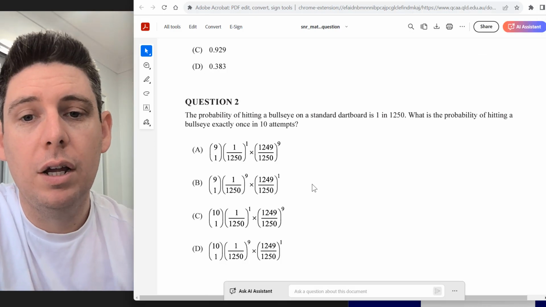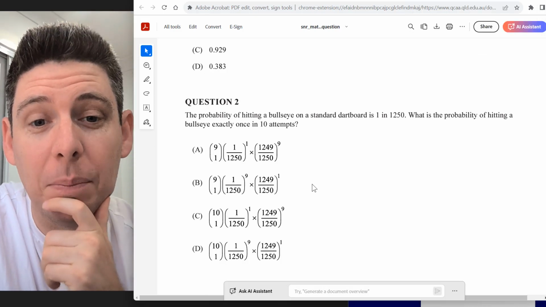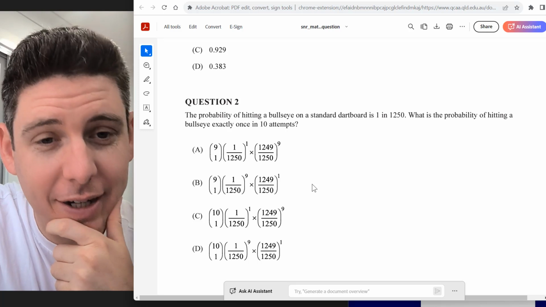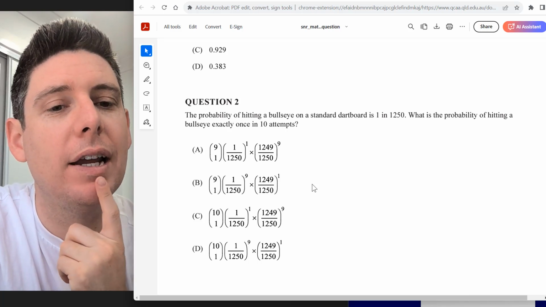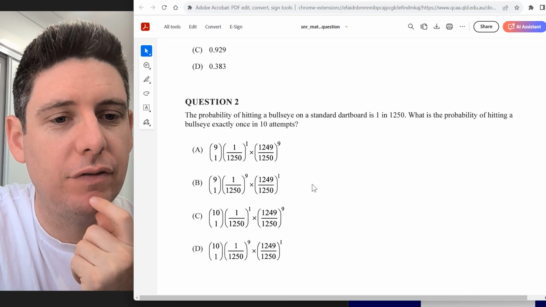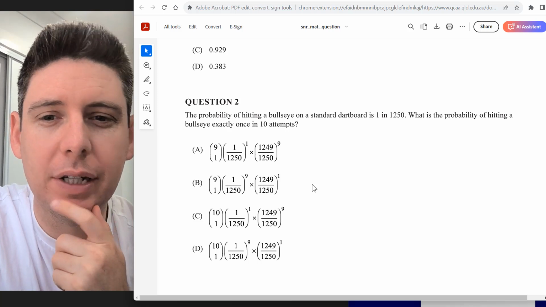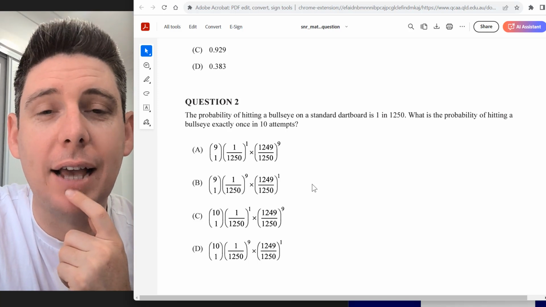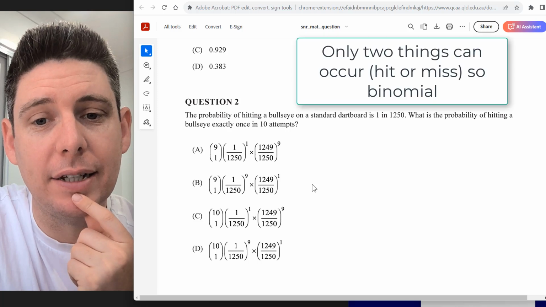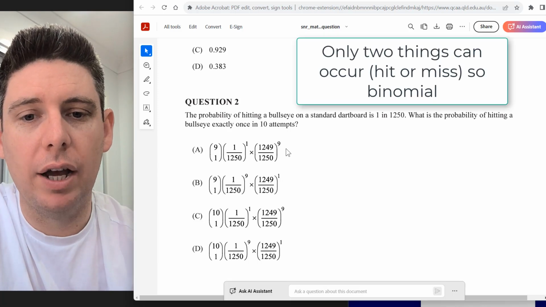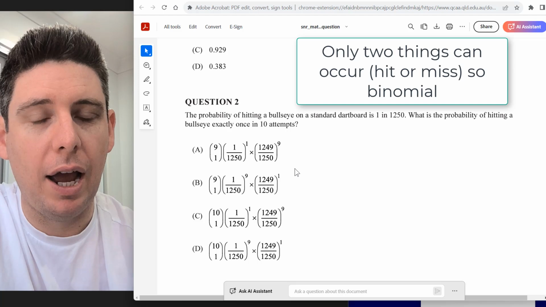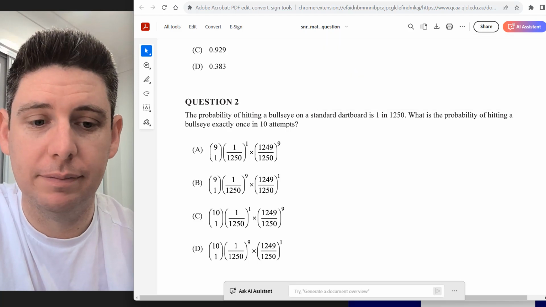All right, question 2. The probability of hitting a bullseye on a standard dartboard is 1 in 1,250. What is the probability of hitting a bullseye exactly once in 10 attempts? It looks like we're going to need our formula sheet to check this.